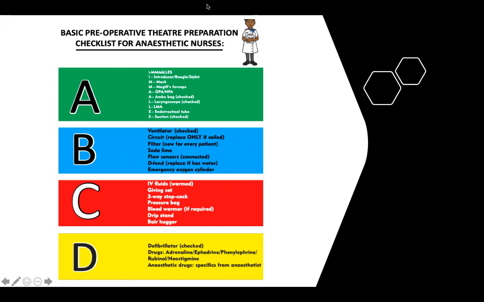Okay, we're just going to go to the chat box. Please find a place for the machine on this list. Oh, warming devices, we put it under Bair Hugger. You could even add an E to your own checklist and say environment.